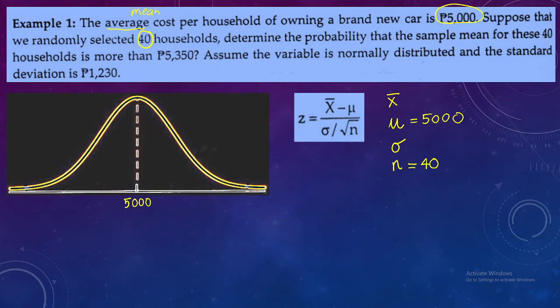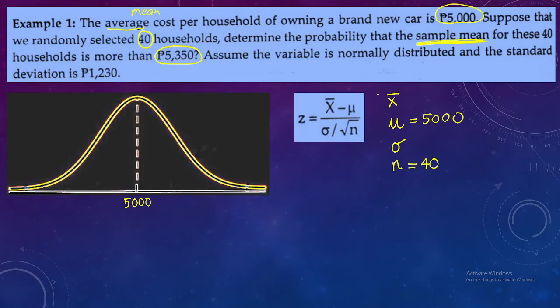Now, let's go to determine the probability that the sample mean for these 40 households is more than 5,350. What does 5,350 represent? It represents the sample mean.